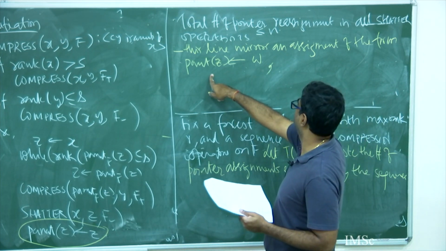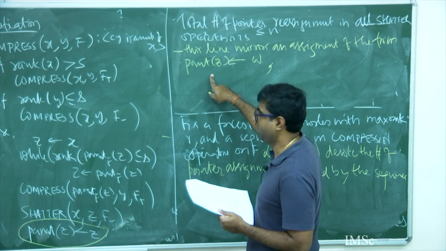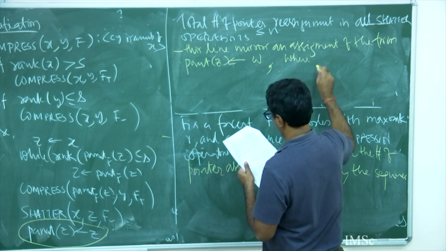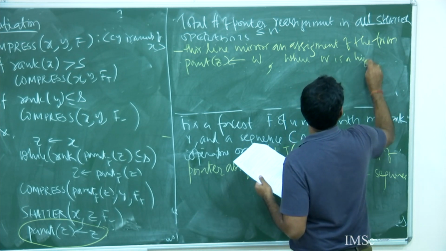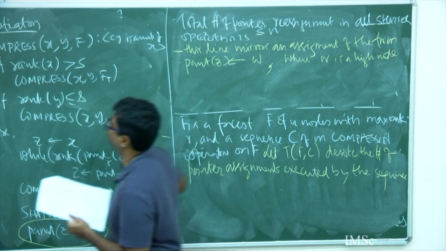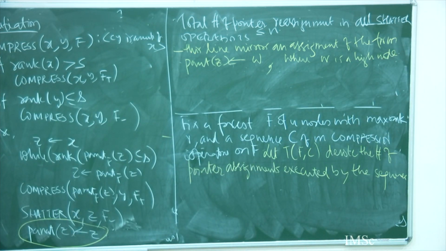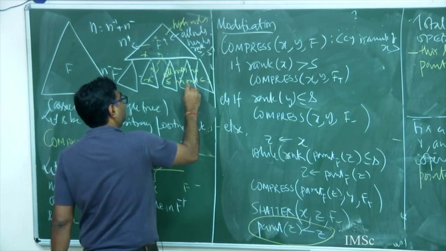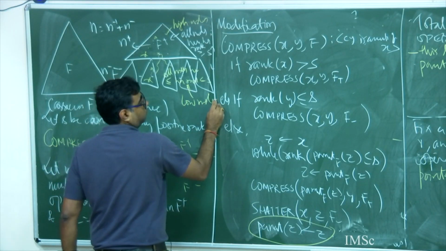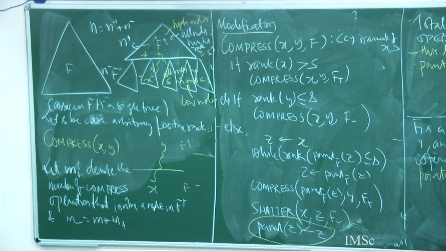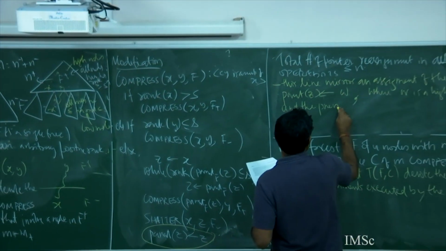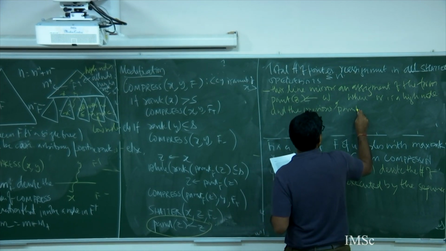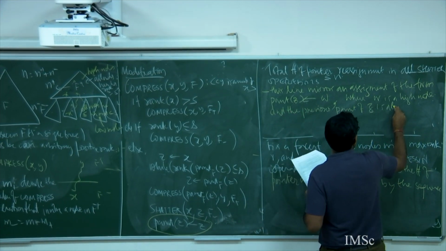W has been assigned as parent of Z. And what is the property? Where W is a high node. All these are called high nodes. High nodes means high rank, low node. Where W is a high node, and the previous parent of Z is also a high node.